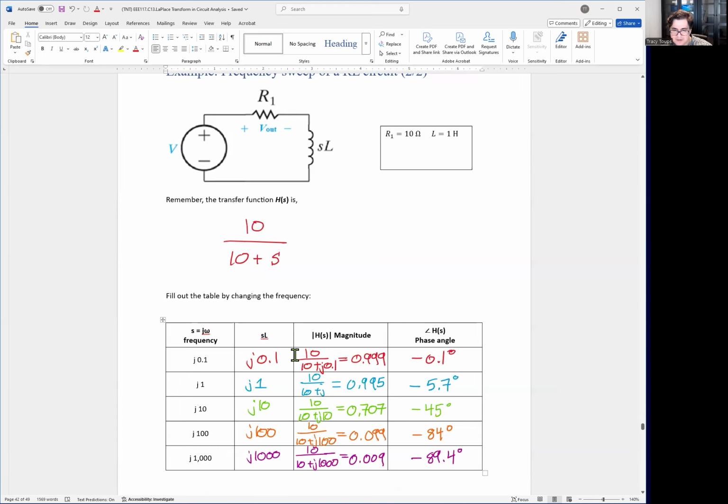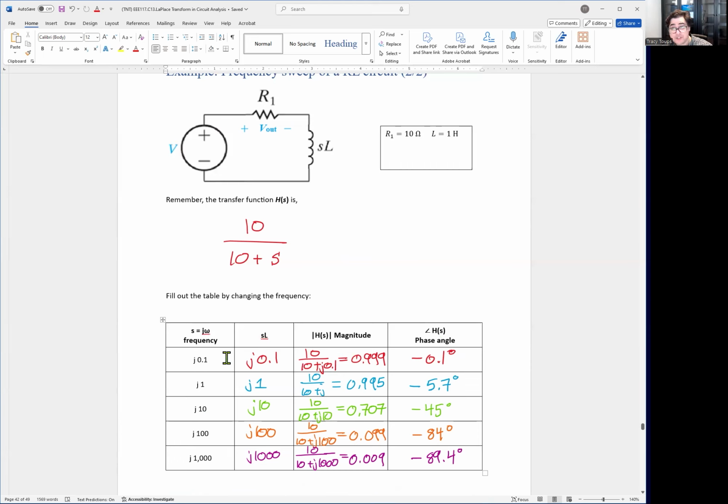You go in your calculator, get the magnitude, the bars on both sides, and your gain is going to be 0.999. Almost 1. What's going to be your phase shift? Again, figure the phase shift of 10 over 10 plus J 0.1. You're only going to lose maybe negative 0.1 degree. So you're only going to have a very, very small phase shift. Okay. So that's at 0.1.